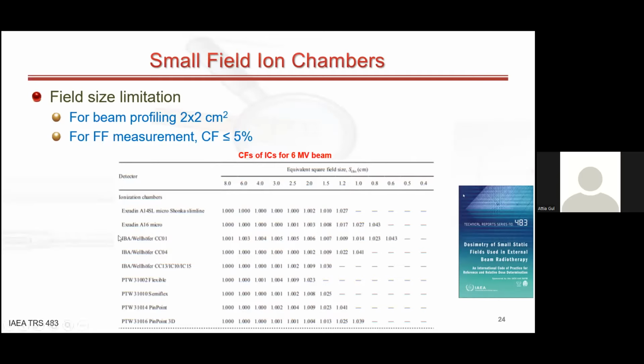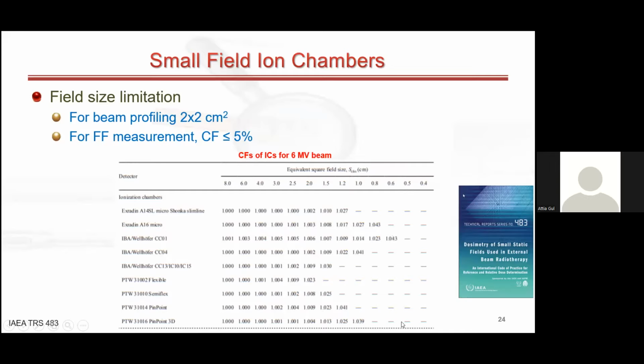This is the table taken from IAEA TRS 483, where different ion chambers are shown. You can see that for all these ion chambers, they have provided correction factors only for those fields where the correction factor is less than 5%.